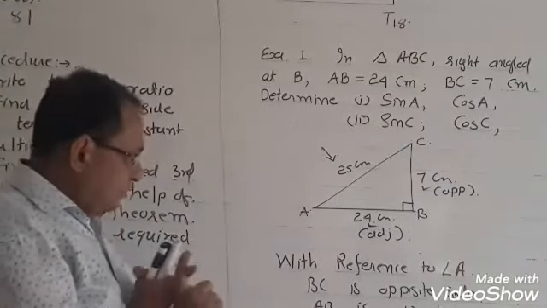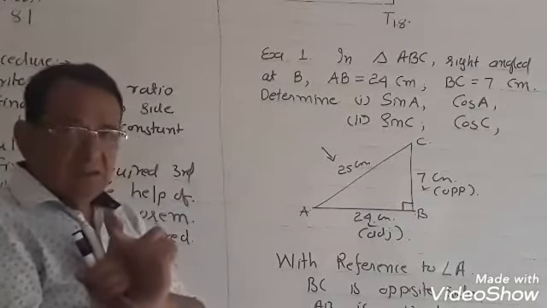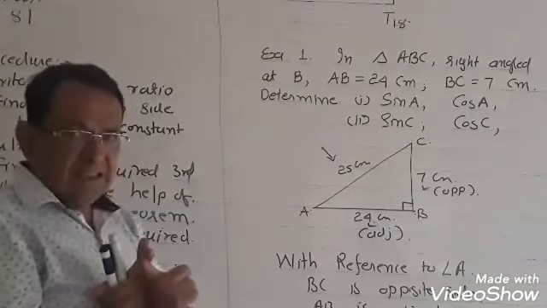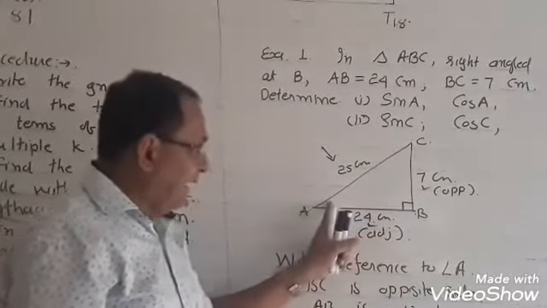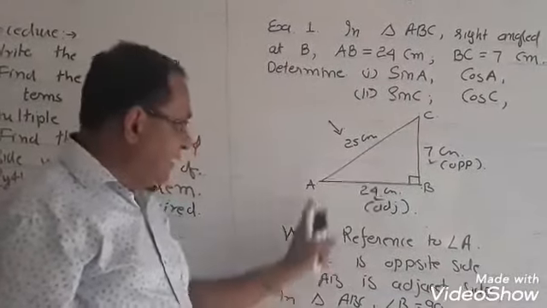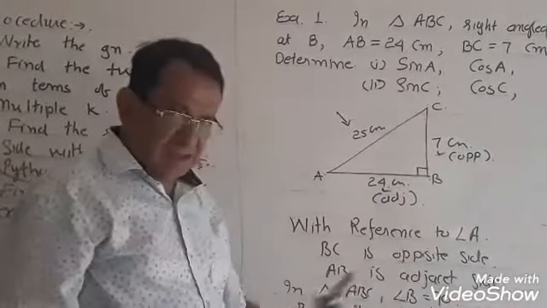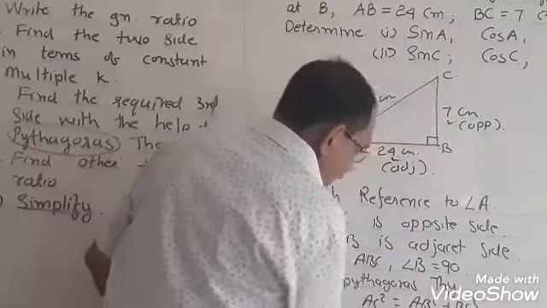Now you will select which side is the opposite side and which is the adjacent side, with reference to angle A. With reference to it, BC is the opposite side and AB is the adjacent side. You know it. From these two sides, what will you find?